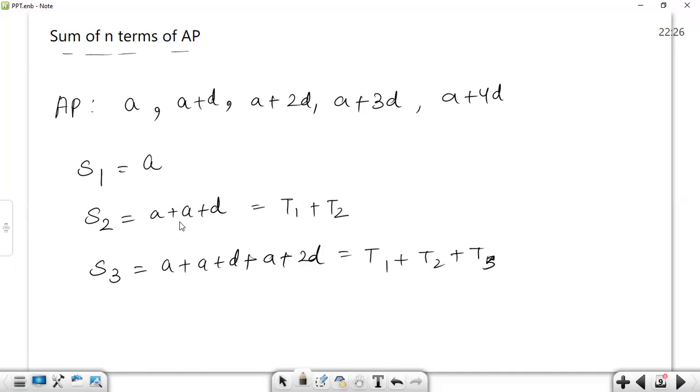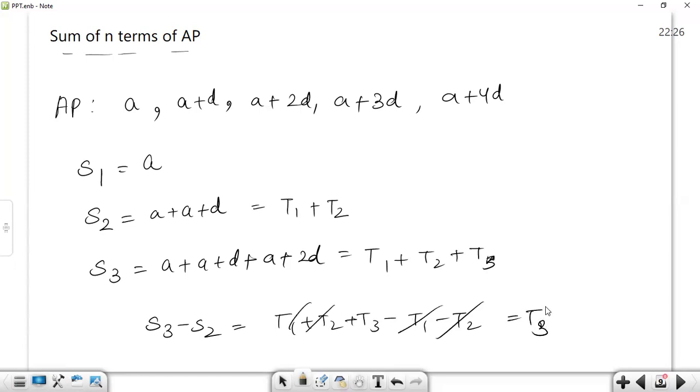So from here we can draw a conclusion that if we subtract S3 minus S2, that will become T1 plus T2 plus T3 minus T1 minus T2, so it will simply become T3. From here we can conclude that when we subtract the sum of n minus 1 terms from the sum of n terms, it gives us the nth term.